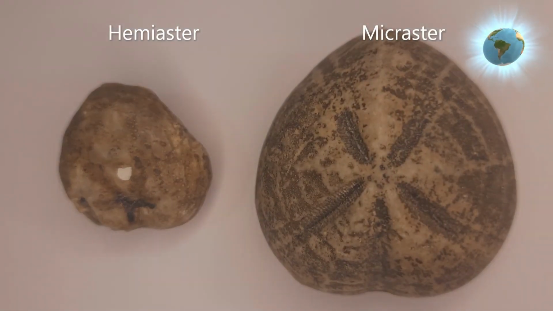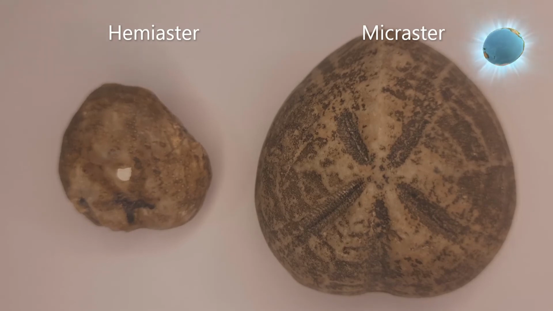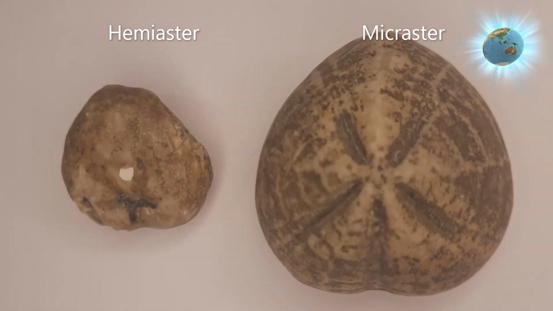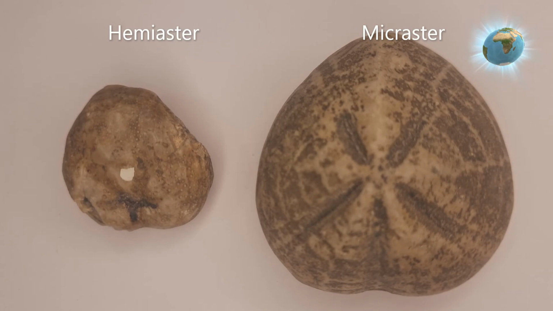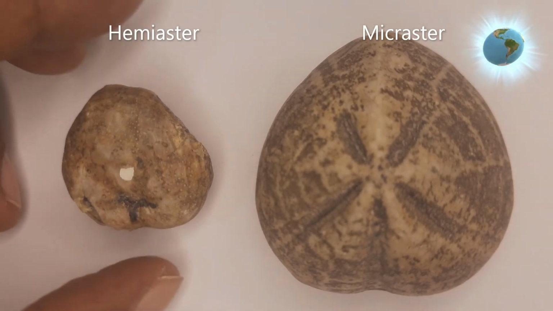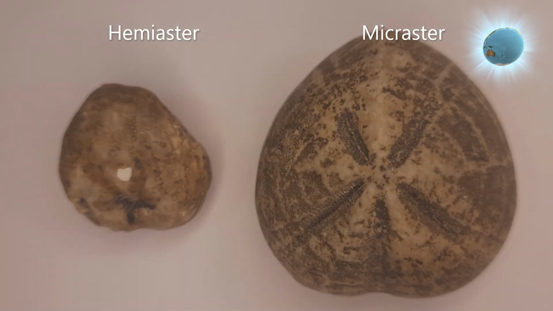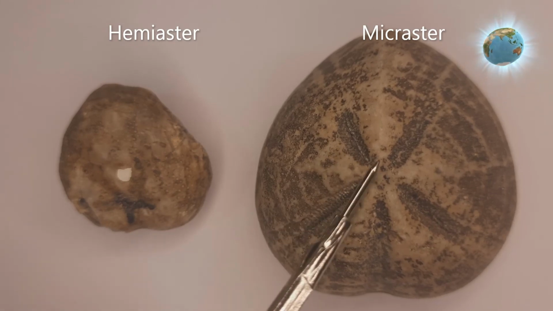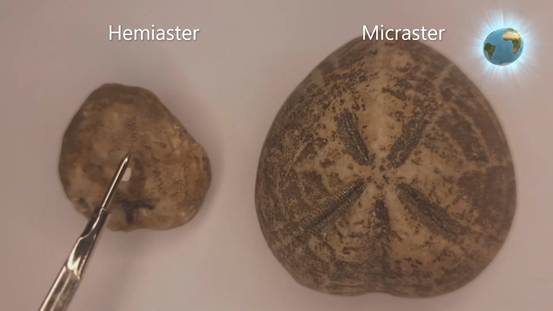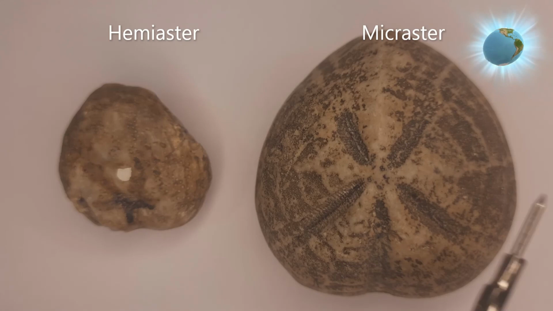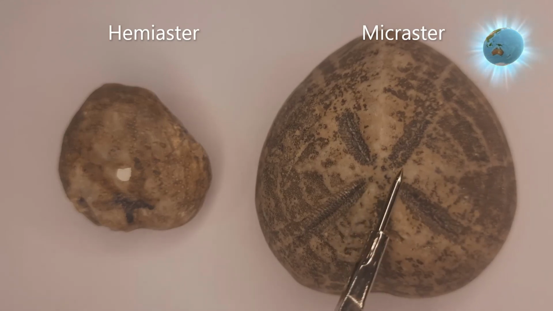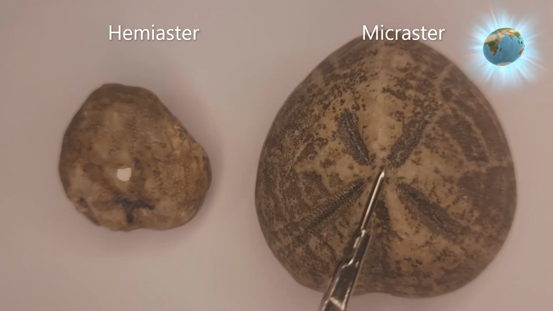So the larger one is Micraster, the smaller one is Hemiaster. You are seeing a peristomal view of Hemiaster, and this is the apical system view of Micraster.